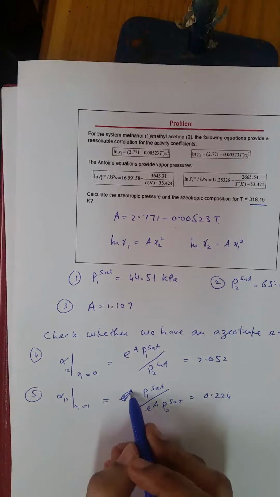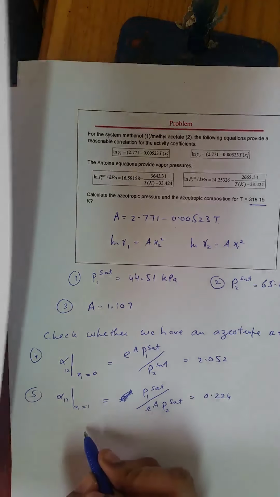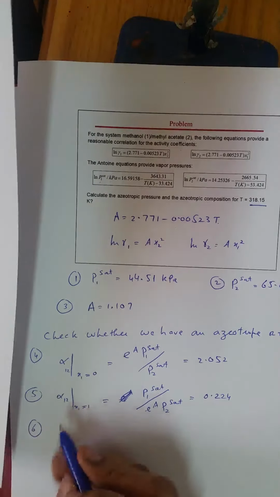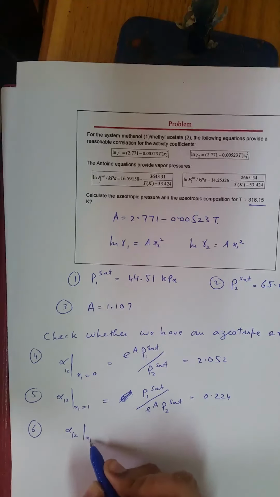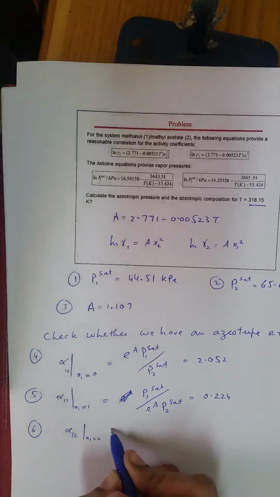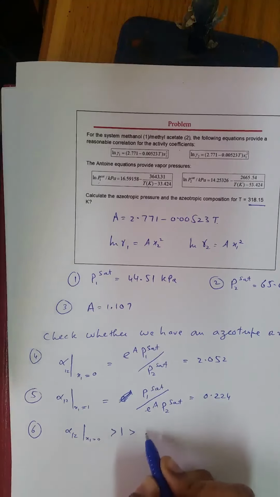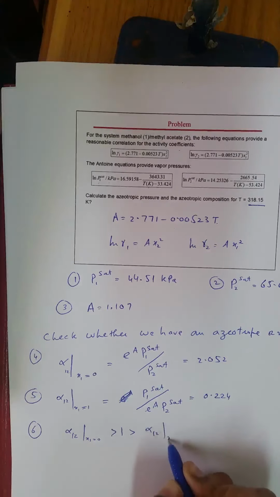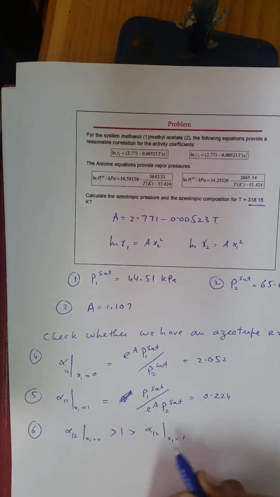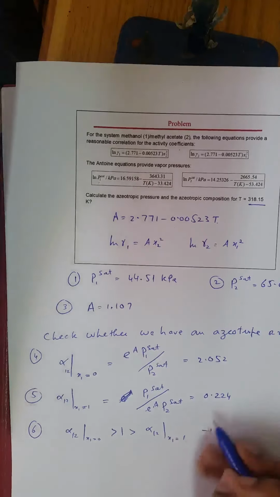So it means there will be an azeotrope. The sixth step: alpha 12 at x1 equal to 0 is greater than 1, alpha 12 at x1 equal to 1 is less than 1. So we have an azeotrope.